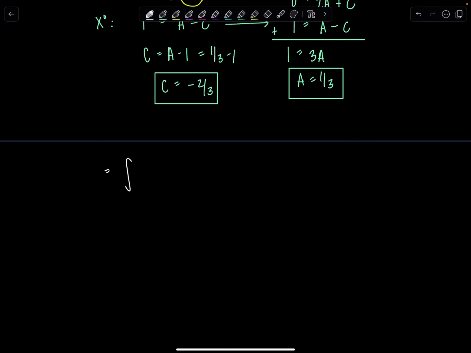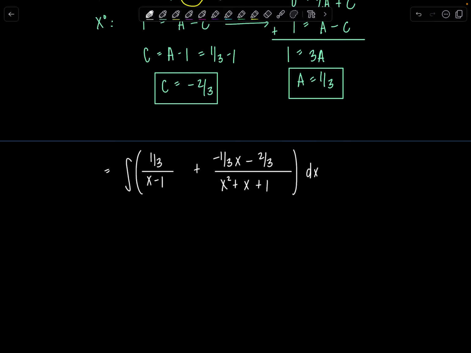So we have now A, which is 1/3 over x minus 1, plus B, which was negative 1/3 x, plus C, negative 2/3, over x squared plus x plus 1 dx. Okay, a couple things just to make life easier.